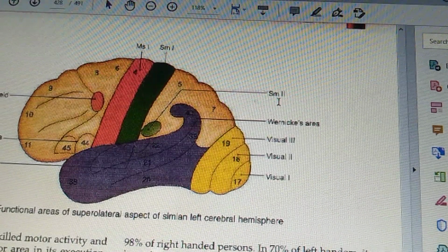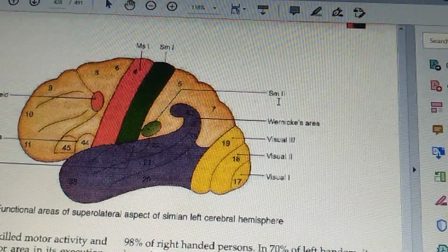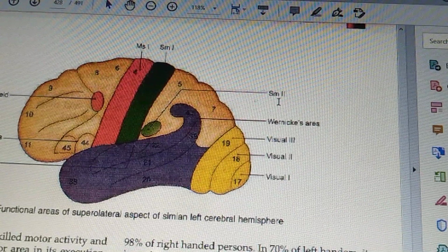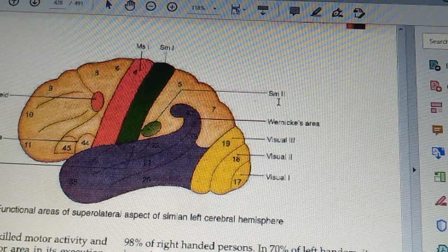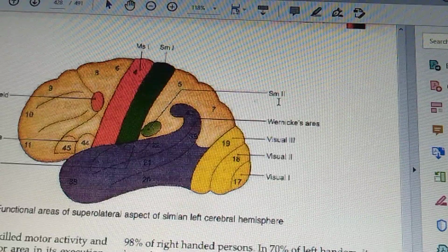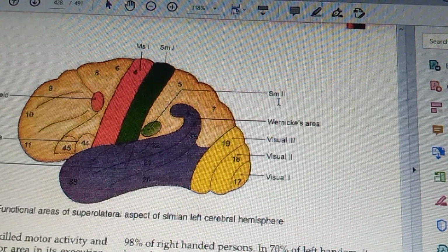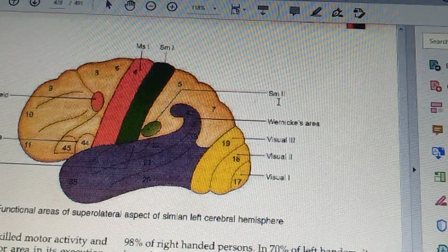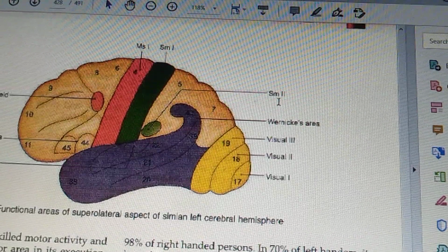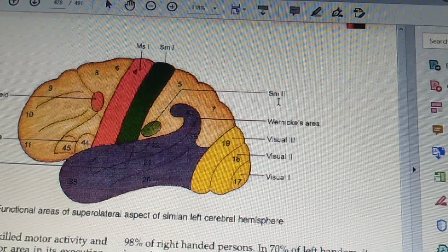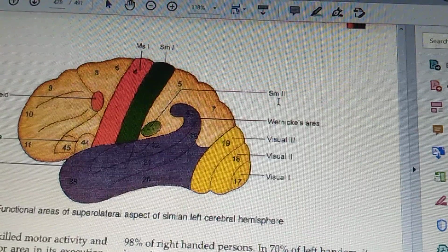The function is contralateral again. Means a patient can identify a sensation of pain, heat and cold, but is unable to localize that particular sensation. There is poor localization of the stimulus.